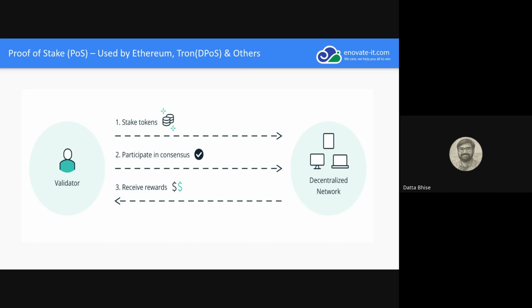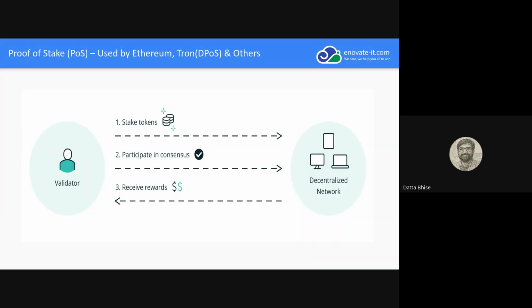Your staked coins remain as they are. Whatever blocks you create and the fees for each transaction, you get those fees. Let's say you want to exit and don't want to do mining or validation anymore, so you can unstake your coin and you will get your coin back. That was your question, right? Yeah, it answers my question. Thanks. Okay.